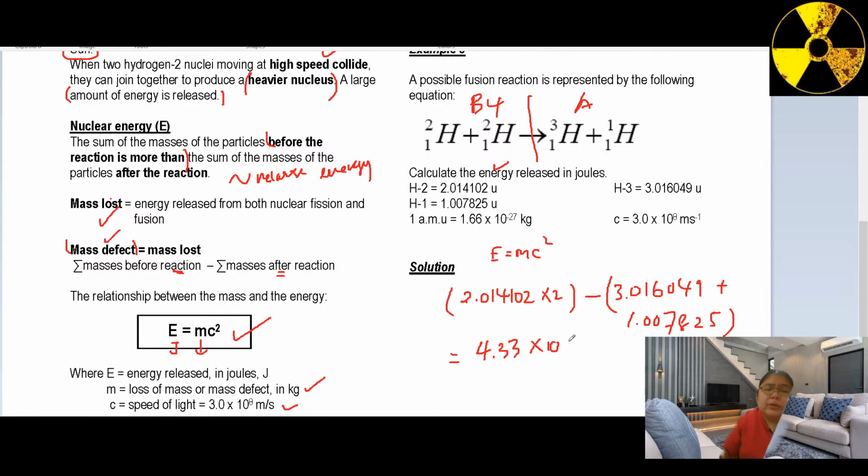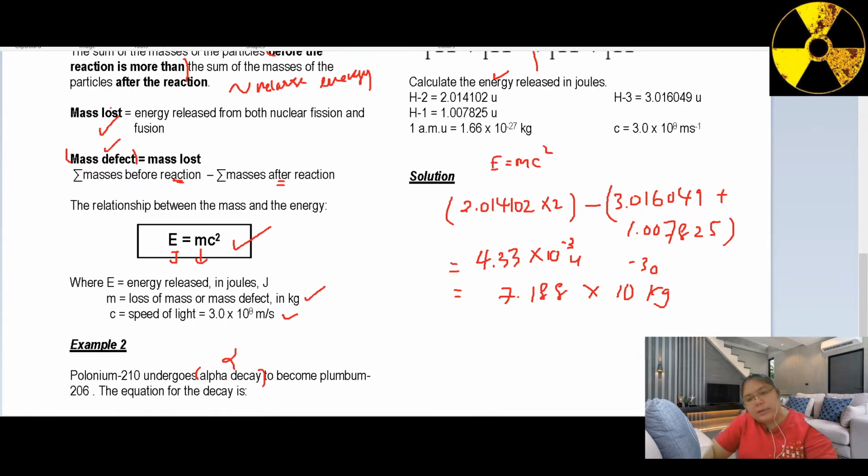Power of negative 3 U. Now I convert to kilograms, 7.188 times 10 power of negative 30 kilograms. Okay, I get the mass defect.